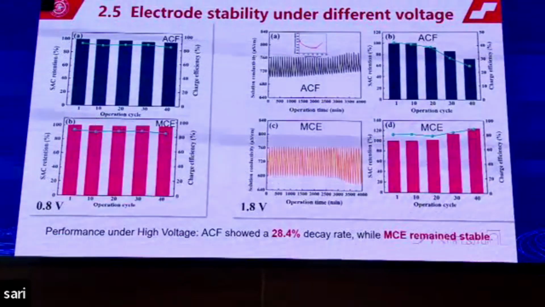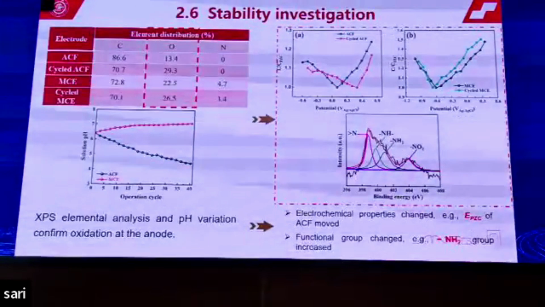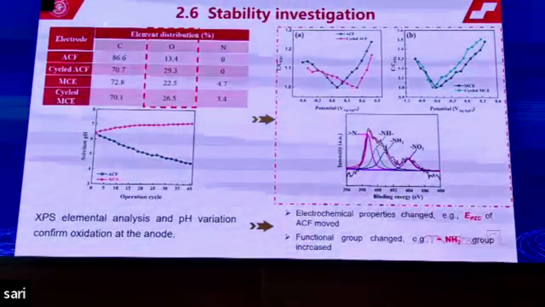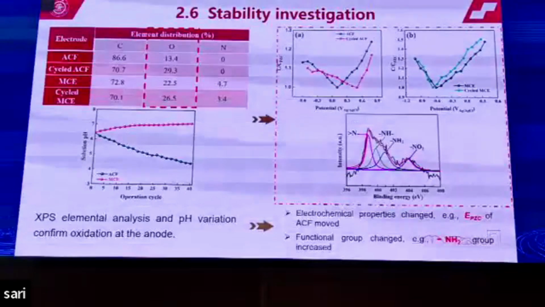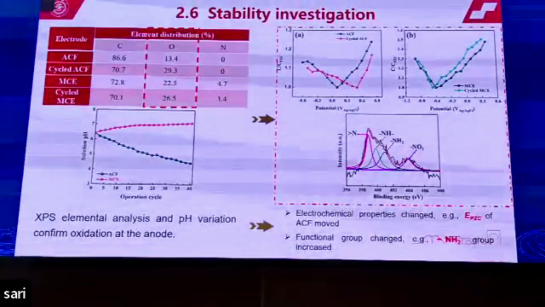But if the voltage increased and surpasses 1.2, we can see the conventional ACF showed a very obvious reduction during the long-term operation. While if we added the MCE coating on the anode, it will be more stable. And to further investigate the mechanism, we found this was mainly because without the protection of the membrane coating layer, the ACF was much easier to be oxidized during the process.